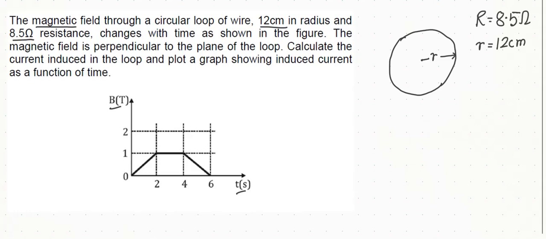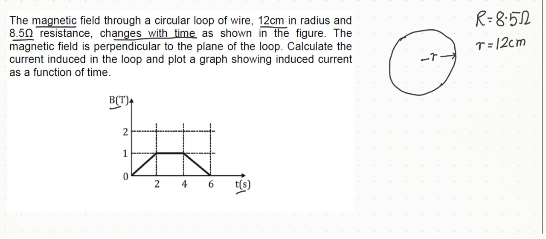When the time goes from 4 to 6, in this interval the magnetic field decreases from 1 to 0. So the magnetic field changes with time as shown in the figure.